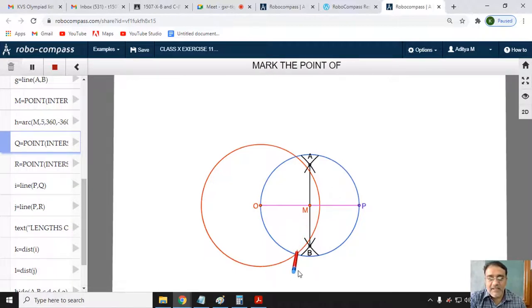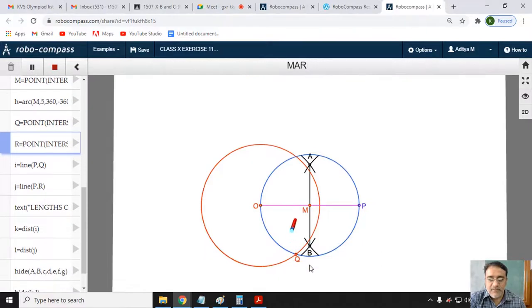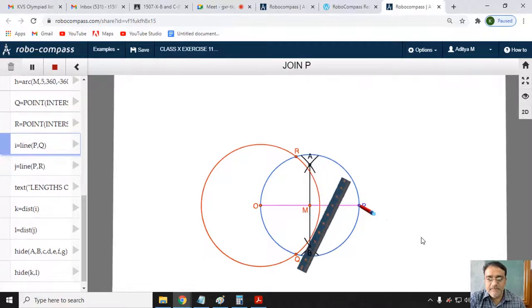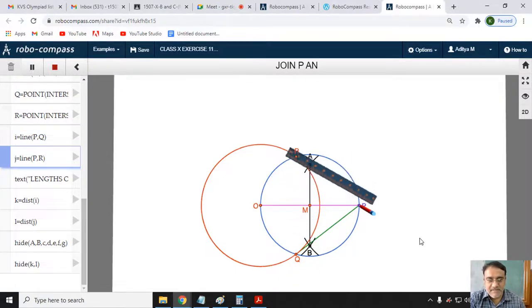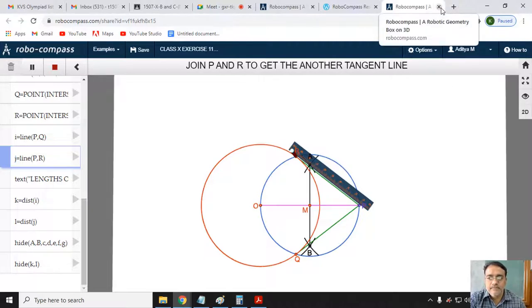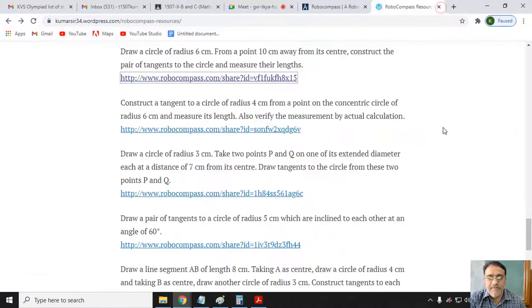We'll take them as Q and R. Okay, this point is Q and this point is R. After that we have to join PQ and PR. So PQ and PR are the required tangents. Okay, any doubt in that question?